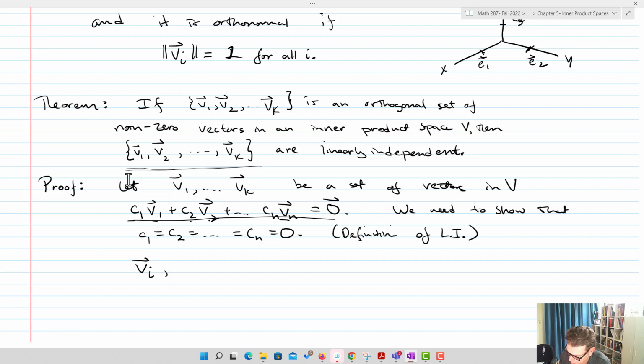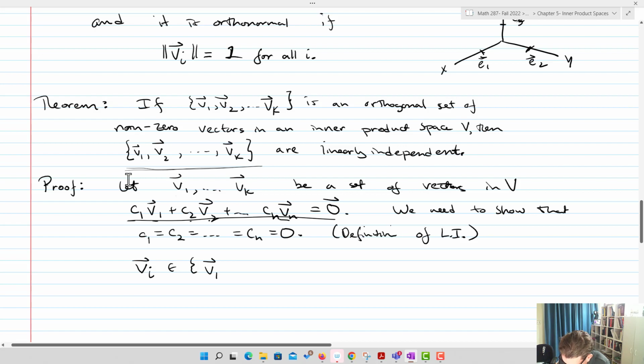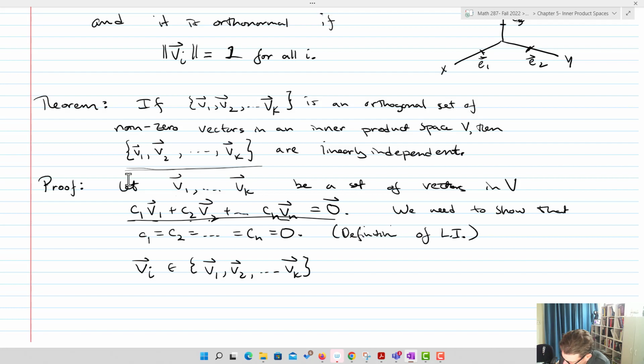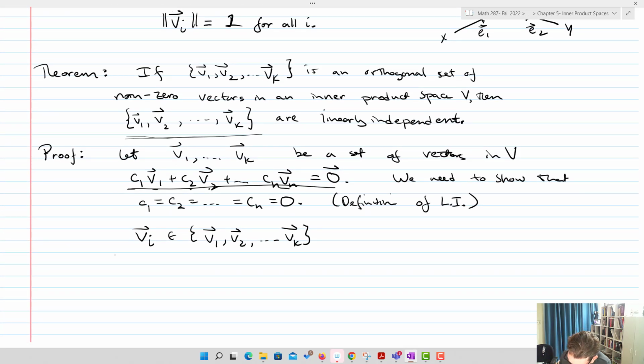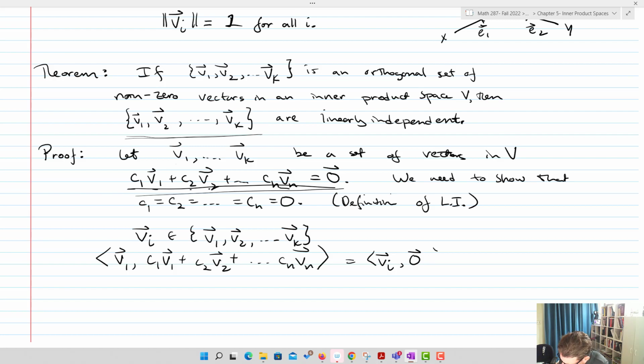So vi belongs to v1 through vk, and we dot it with c1v1 plus c2v2 plus ... cnvn, which we know is equal to the 0 vector. That equals vi dotted with the 0 vector, by assumption, and so that equals 0.